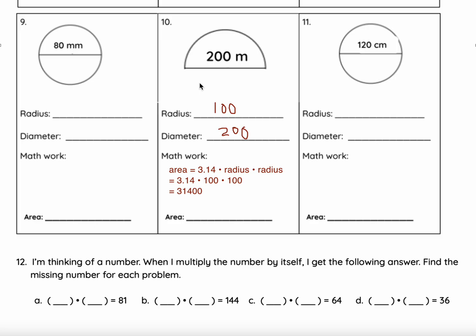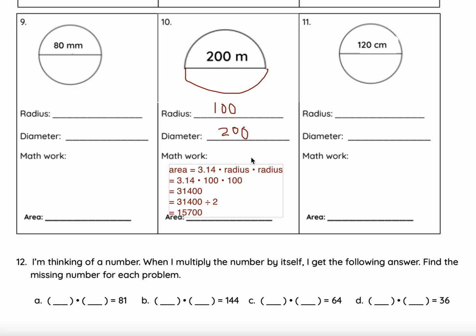But remember that this shape is not a full circle. It's a half of a circle. We're missing this lower half here. So we need to take our answer and divide it by 2. 31,400 divided by 2 will equal 15,700.